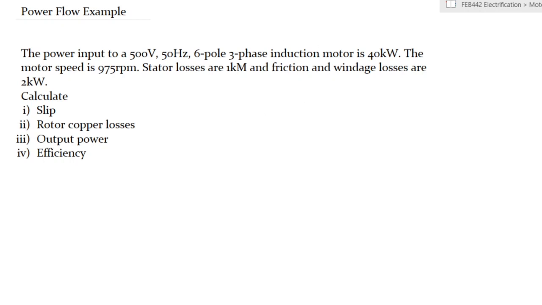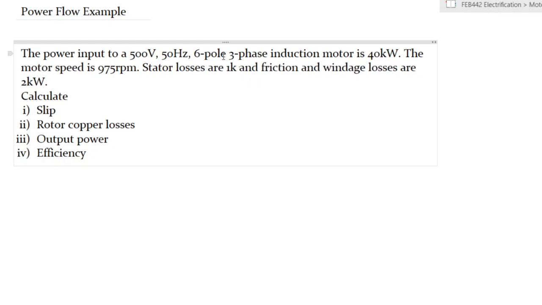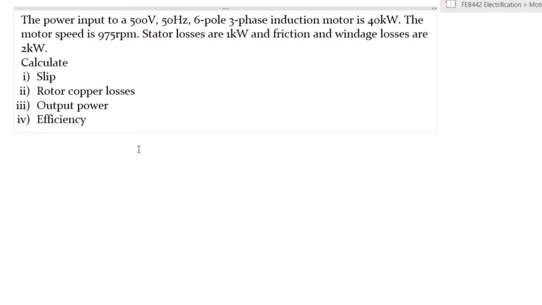Stator losses are 1 kilowatt. That should be a kilowatt, not a kilometer. And friction and windage are 2 kilowatts. Okay. So straight away, you can see the three-phase is supplying 40 kilowatts, and stator losses are 1 kilowatt and the others are 2 kilowatts. So let's see what percentages those leave us with.